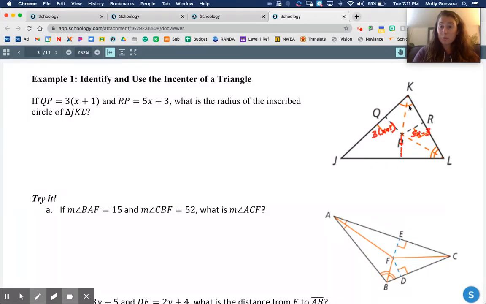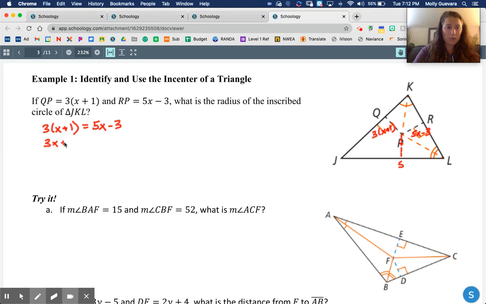And all three of these are going to be the same distance because we're bisecting angles. Since QP and RP and SP are all the same length, that tells me that 3 times x plus 1 is the same length as 5x minus 3. And this is something that I can solve. We can distribute this 3.